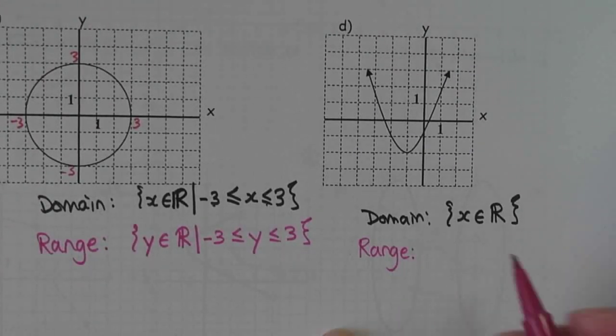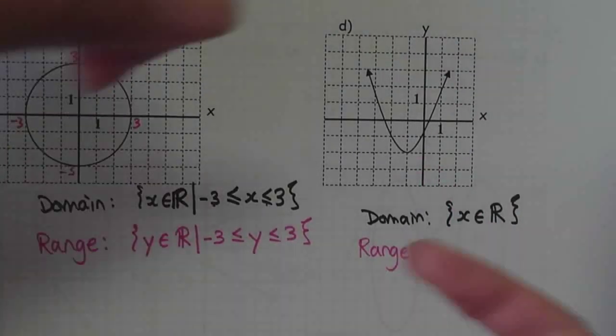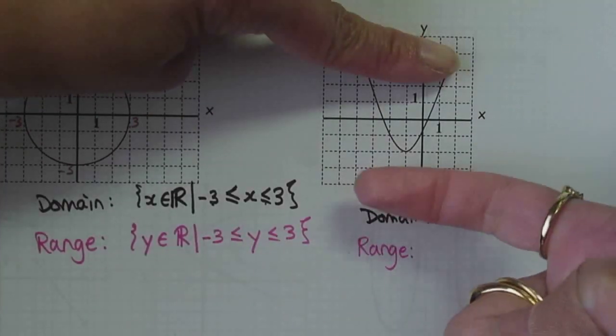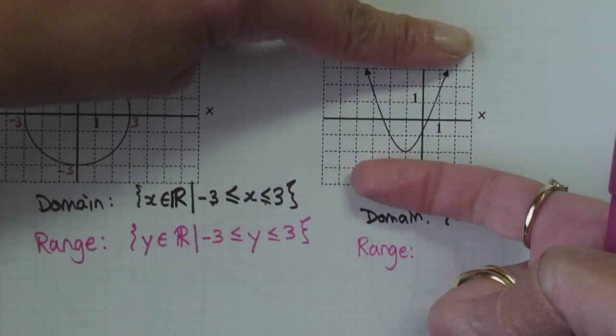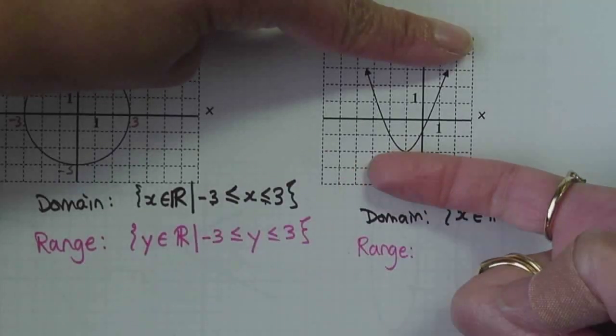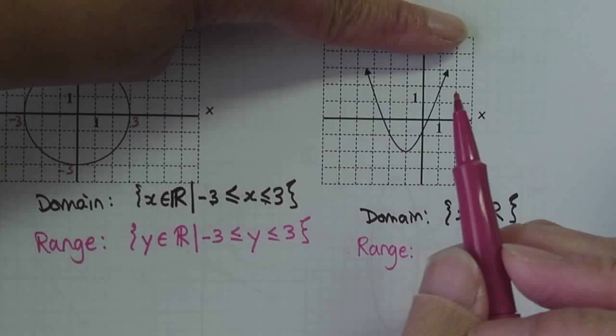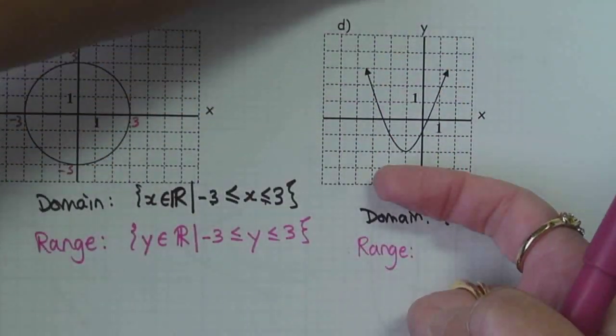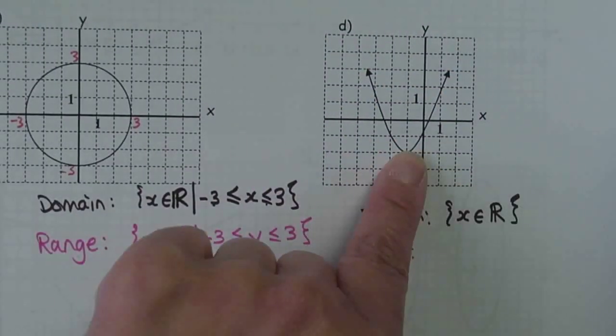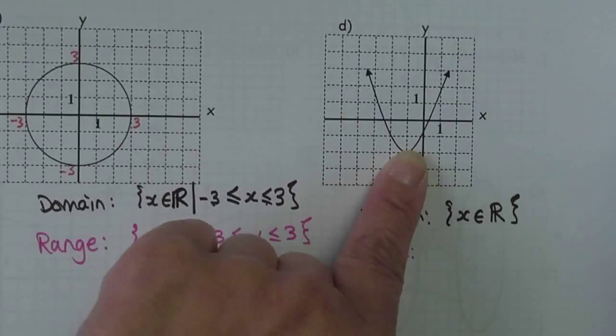Okay, let's try the range. Now y, so again, range is the y value, so it's the bottom to the top. The bottom here has a restriction, and the top it keeps going. That's why I said it's important where you put arrows and where you don't. So this keeps going up, up, up, no restriction, but it starts here, right? And we know for the quadratic function, the parabola, it opens up or opens down.